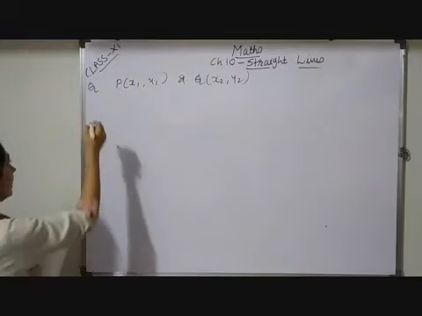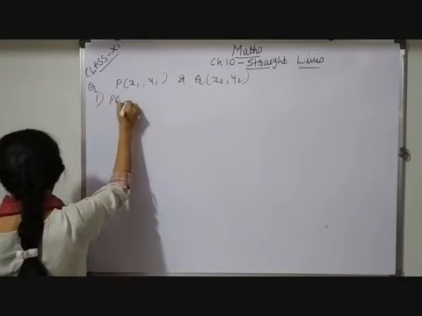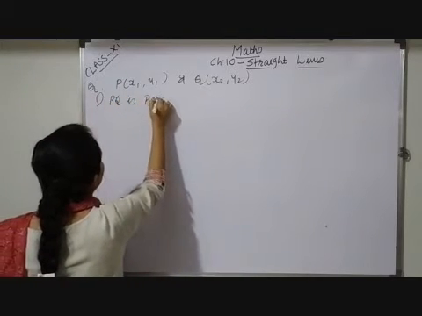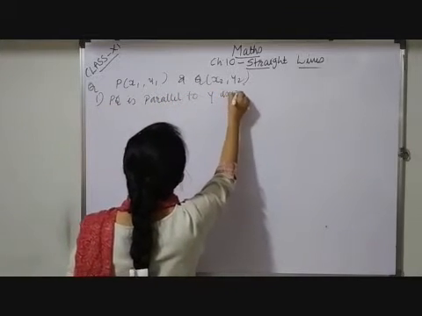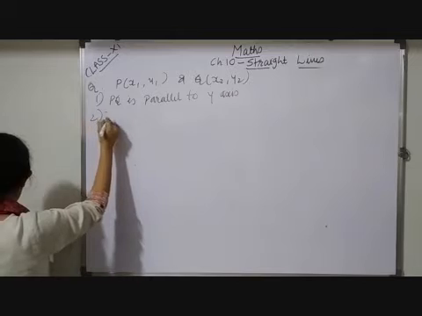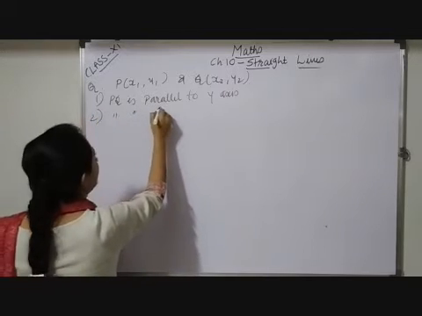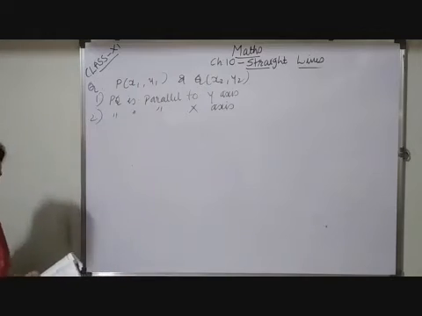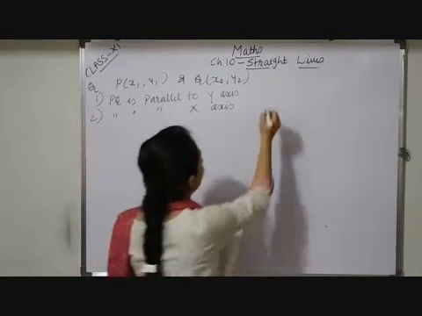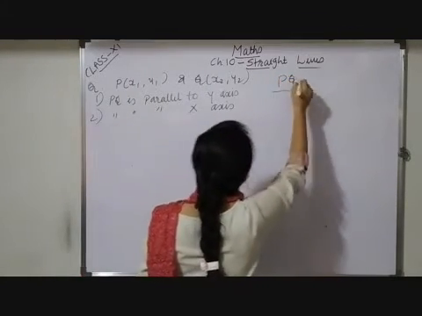The first condition is PQ is parallel to the y-axis. And the second thing is given, PQ is parallel to the x-axis. We have to find out the distance between P and Q, which means I have to find out PQ.